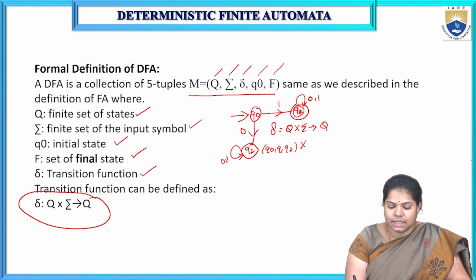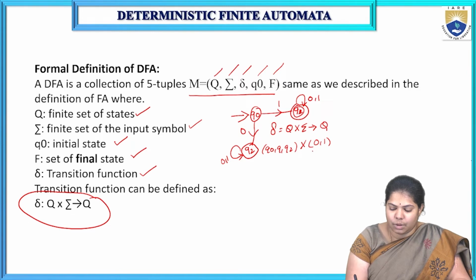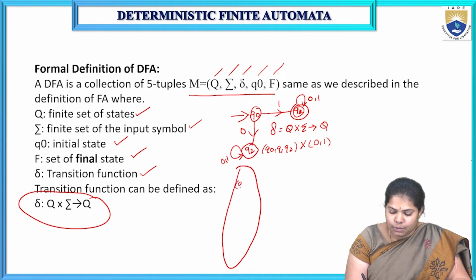Cross sigma. What is sigma? Sigma is nothing but input symbols. What are the input symbols that we contain? 0 and 1. So if I perform the cross operation between these two, what outcomes will I get? Q0 on 0, Q0 on 1, Q1 on 0, Q1 on 1, Q2 on 0, Q2 on 1.